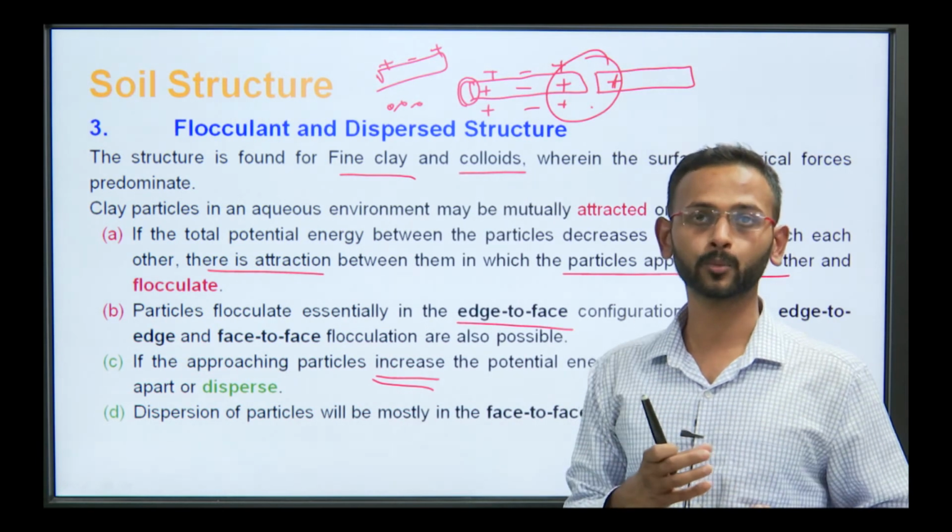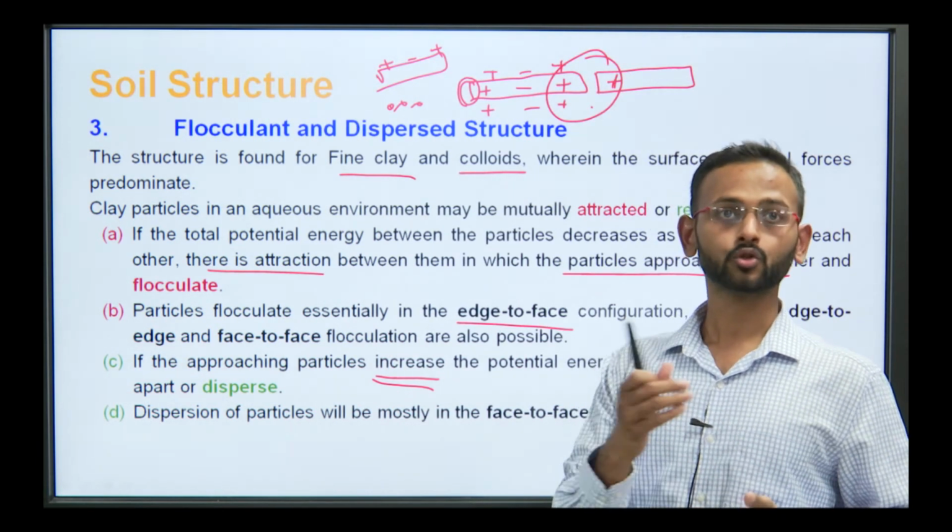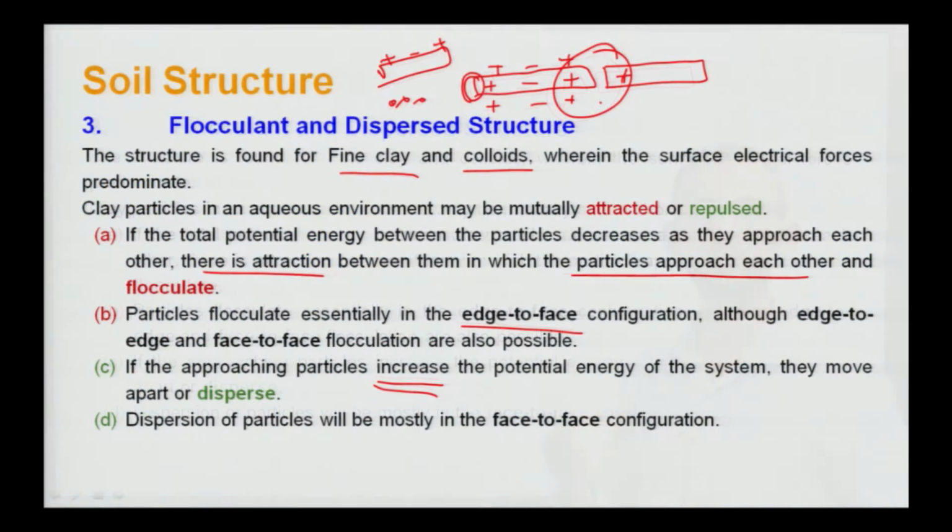That is the case of dispersion, and dispersion of the particles will mostly be in the face to face direction. I will tell you this face to face and edge to face thing in the figure, so that it will be easier for you.